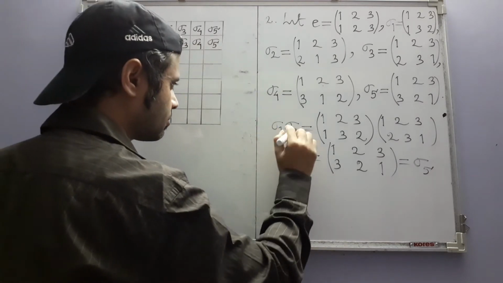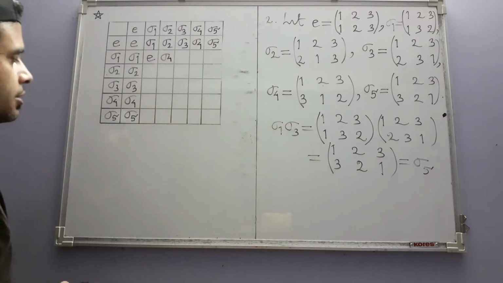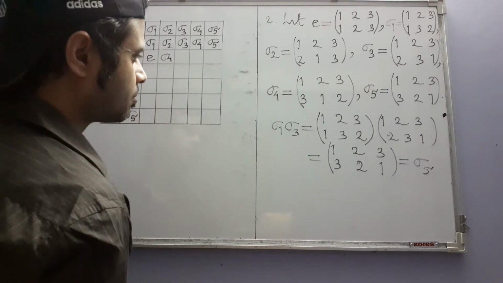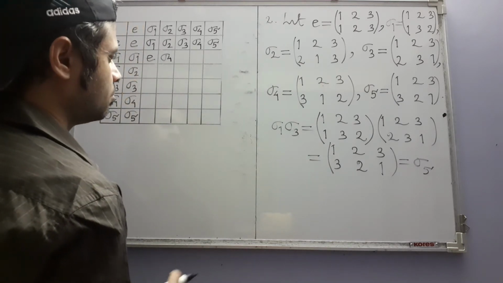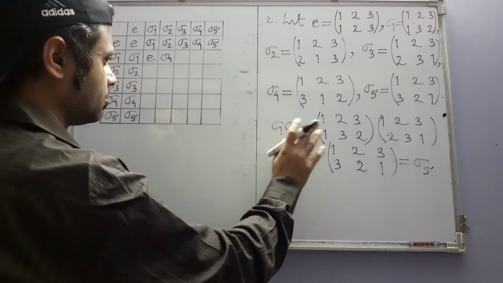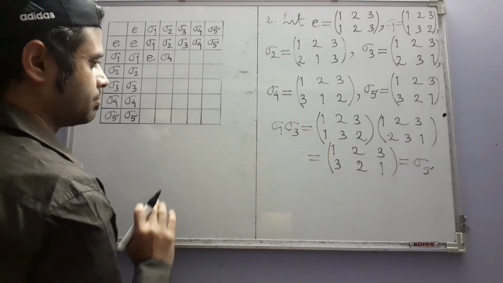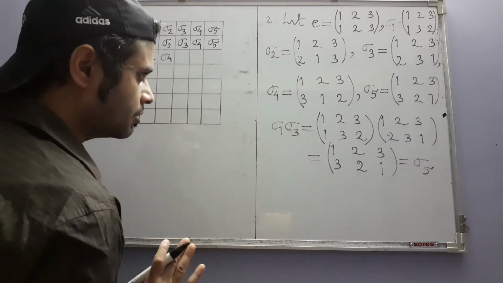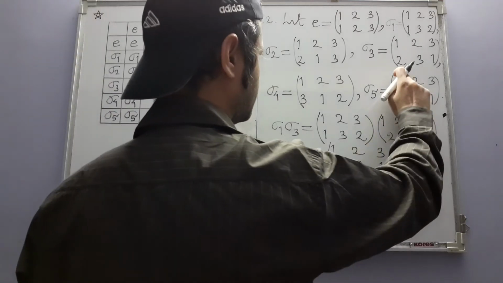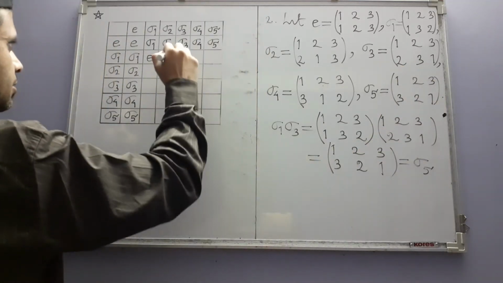Oh, I had to change these things also, no? Sigma 1, sigma 2 I have done just now. Sigma 1, sigma 3 right now we have done. 2, 3, 1, and this is sigma 5.